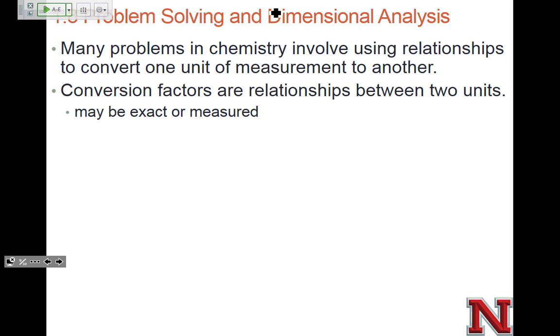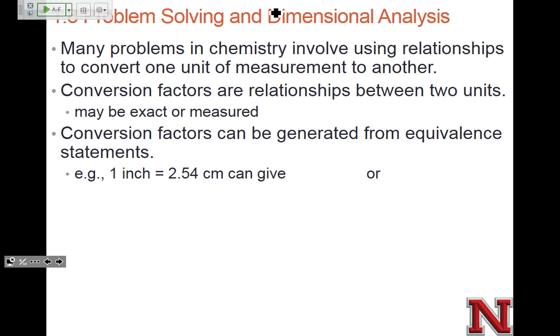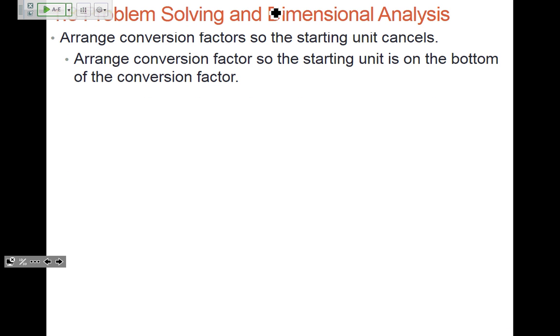And again, you want to make sure that you're writing down your units. So for example, 1 inch is equal to 2.54 centimeters. We can write that as either 2.54 centimeters over 1 inch, or 1 inch over 2.54 centimeters. In both cases, we're saying 1 inch equals 2.54 centimeters. And we can use that as conversion factors.